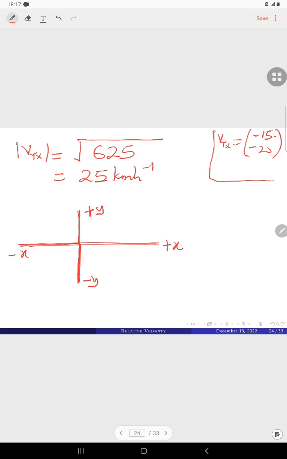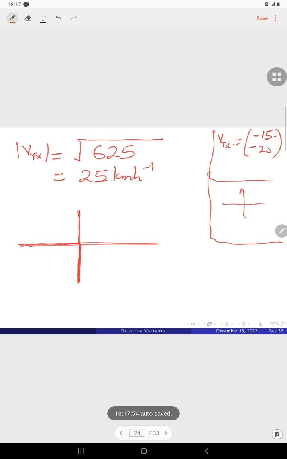Good. So if I want to use that idea, let me draw it somewhere here just to guide you. We know this is positive y, positive x, negative x. So if I have negative 15, negative 20, we need to look for which zone it will lie. Negative x, negative y, so it will lie in this region.